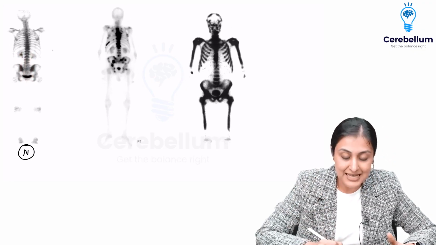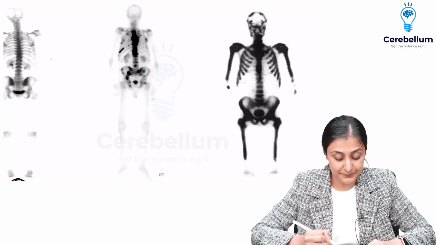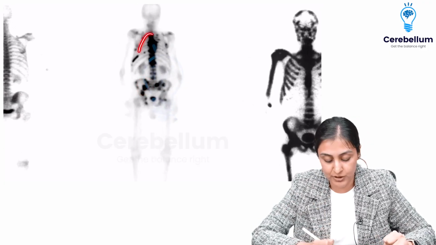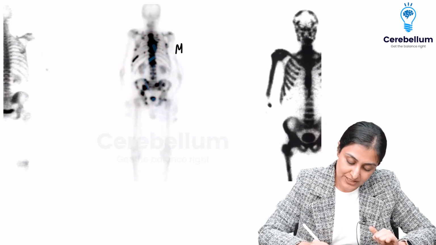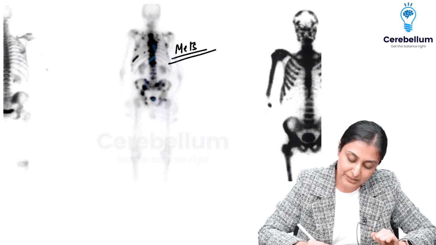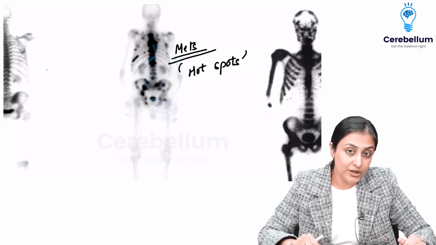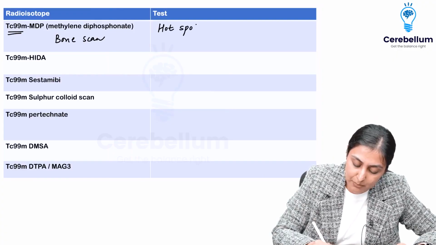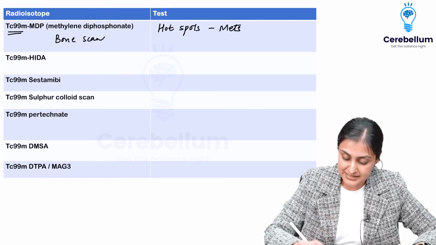Now, if there is any area where there is abnormal bony turnover happening, for example, metastasis or a primary bone tumor, you will see these hotspots. So this is where you can see these multifocal bony metastases presenting as hotspots on bone scan. So that is how bone scan is going to pick up multifocal metastasis. So hotspots will be seen in mets.